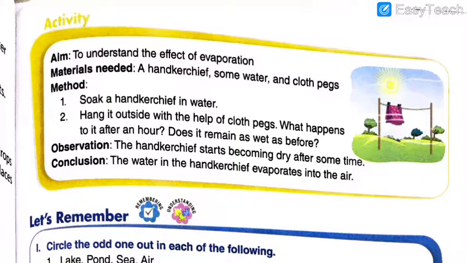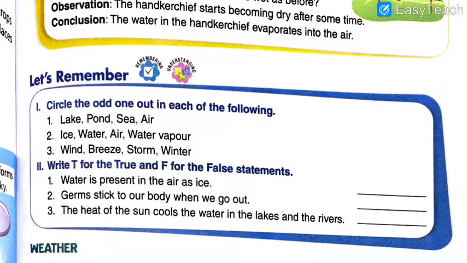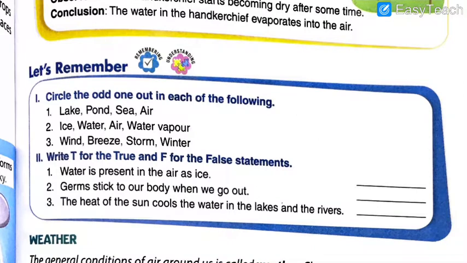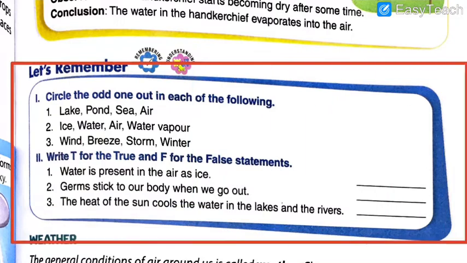Does it remain as wet as before? No, it will not remain as wet as it was when you just soaked it in the water. It will become dry. The observation is that the handkerchief starts becoming dry after some time. So the conclusion is that the water in the handkerchief evaporates into the air.